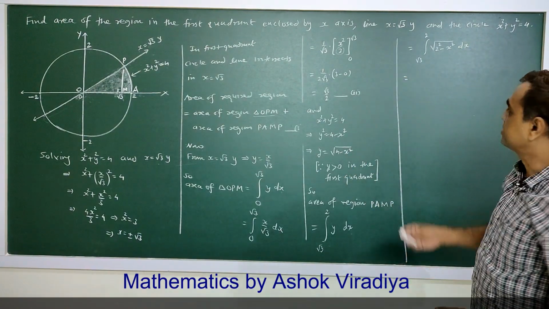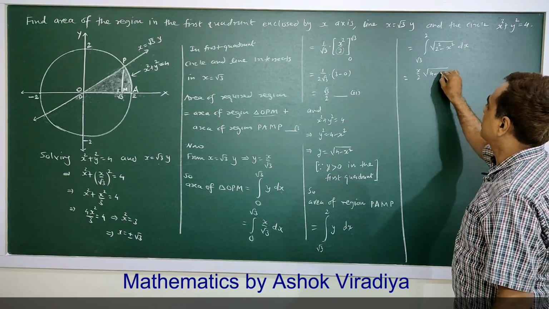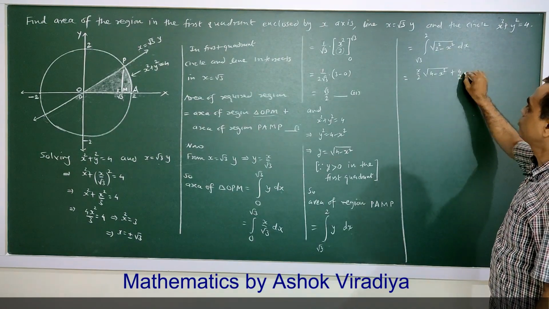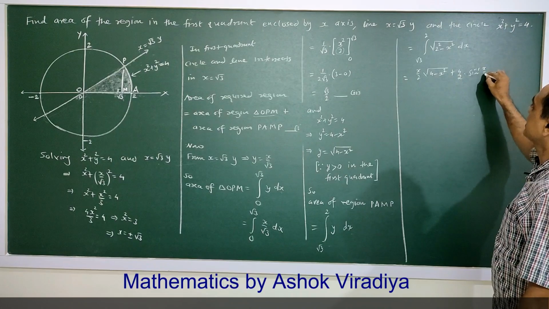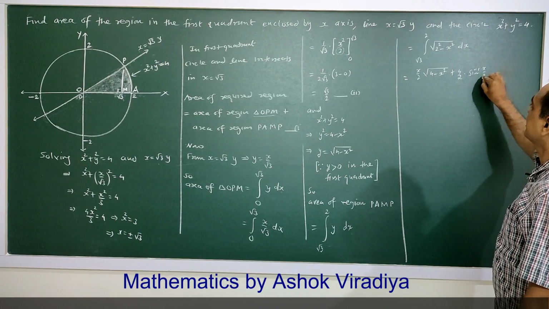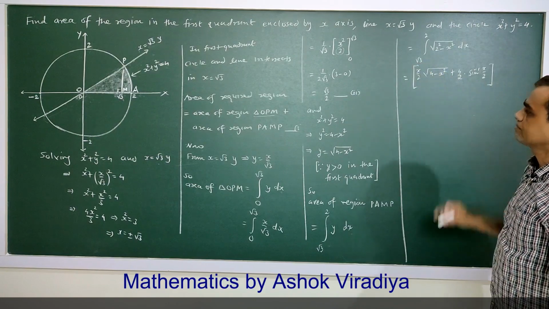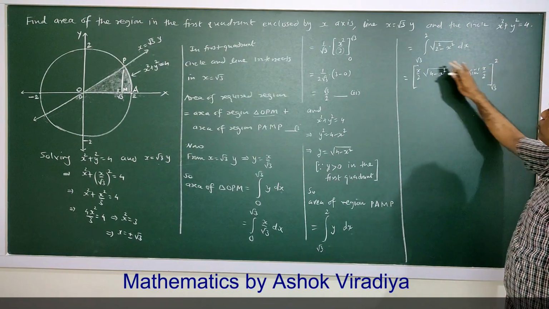Now its integral is x by 2 root a square minus x square plus a square by 2 sine inverse x upon a. This is its integral. Lower limit root 3, upper limit is 2.